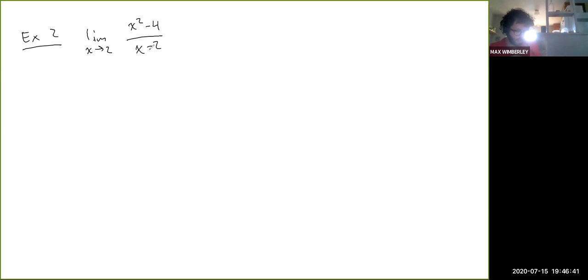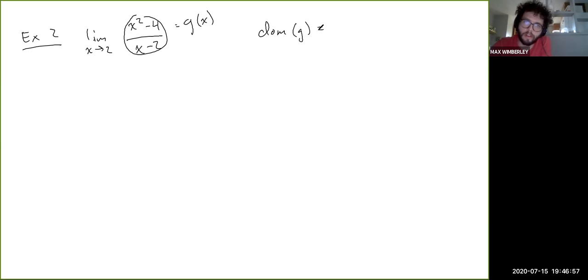Let's call this expression g of x. This function g is defined by this expression with its natural domain, so the domain of g is R without the point 2, because the denominator becomes 0.